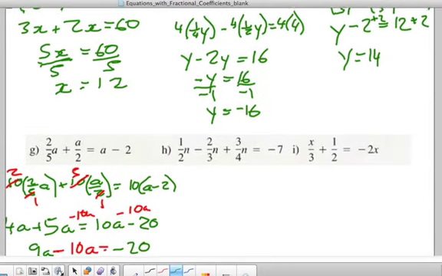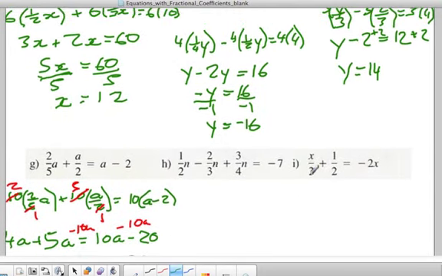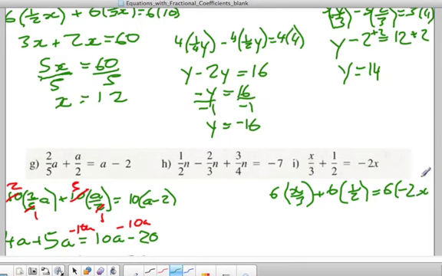The next question, we're going to multiply both sides of the equation by 6. So 6 times x over 3 plus 6 times 1/2 is equal to 6 times negative 2x.